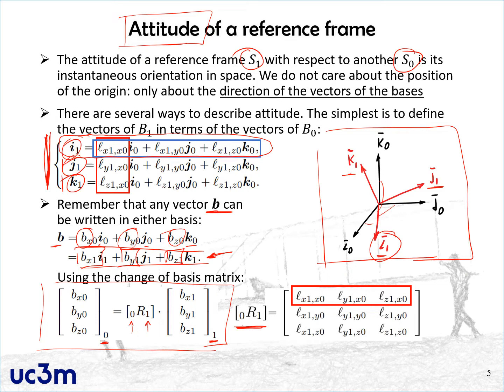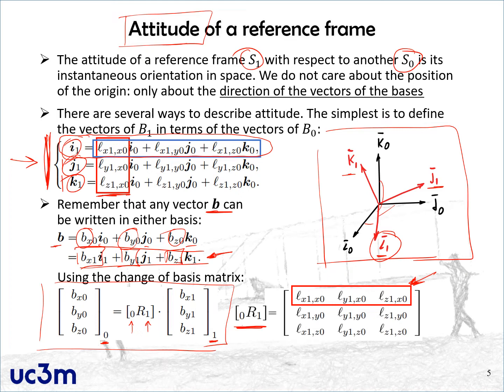Okay, so you can see that the components, if you remember from the previous lecture, the components of this matrix are essentially the same numbers that appear in the expressions for the change of basis for the vectors of the basis, all right, except that they are rotated. Okay, so here I have highlighted in this red box the components L, x1, x0, and so on. Okay, and you see that these same numbers appear here in horizontal. Okay, so basically the numbers have been transposed.